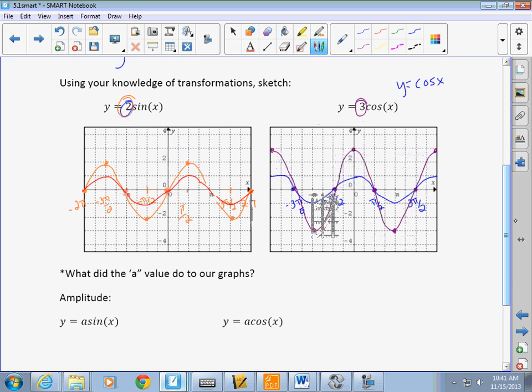So it said, what did the A value do to our graphs? Because remember we talked about vertical stretches? In vertical stretches, or stretches or compression, same thing. So stretch them vertically.